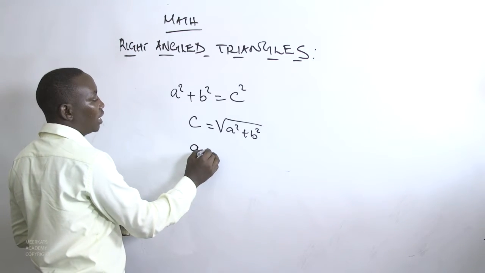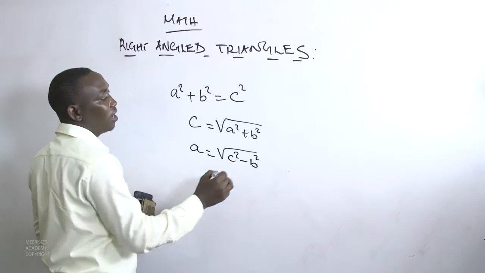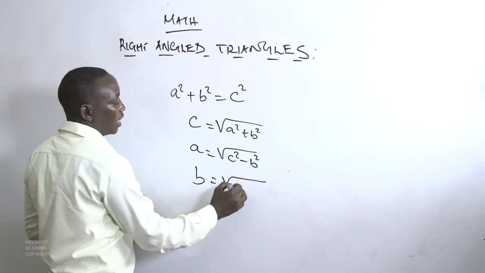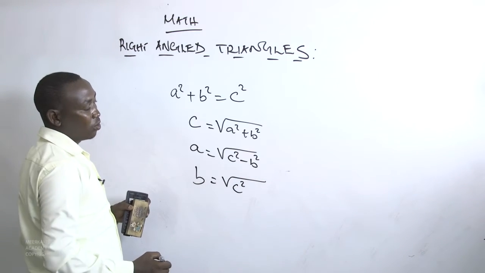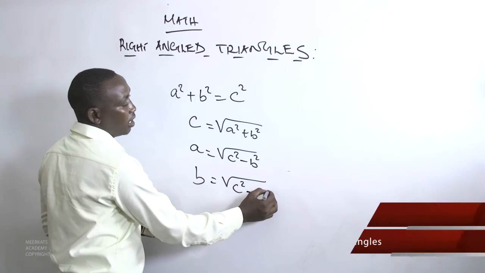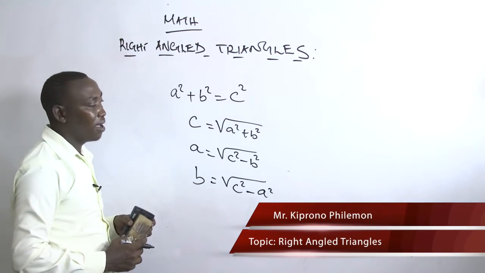And we have said if you want to get A, you get the square root of the longer side squared minus the square of the other shorter side. If you want to get B, it's again the same. You get C squared, which is the square of the longer side, and you subtract the square of the given shorter side.